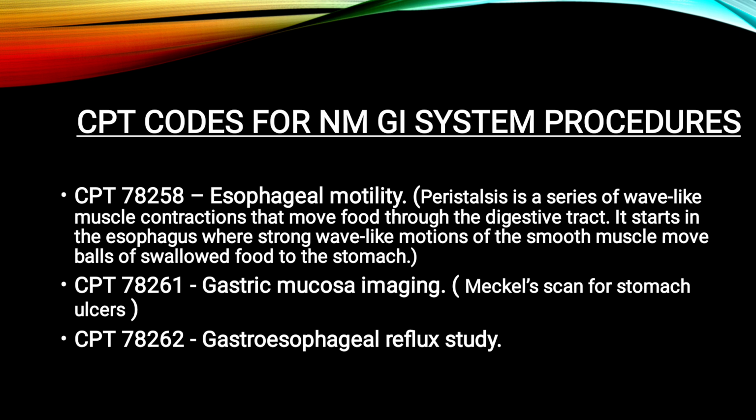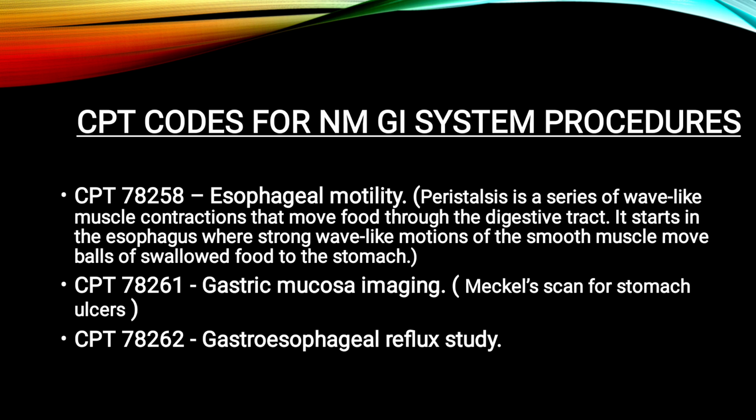This gastric mucosa imaging test is mainly done when there is a need to detect stomach ulcers, or when there are symptoms of gastric ulcers. Whenever the report documents stomach ulcers, gastric ulcers or gastric mucosa imaging, we need to code CPT 78261.